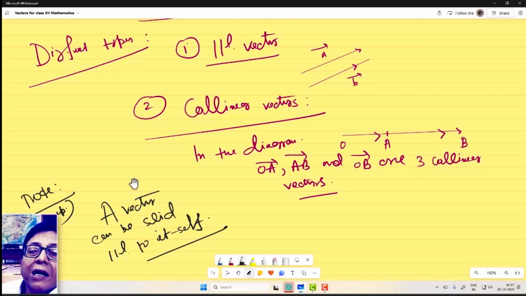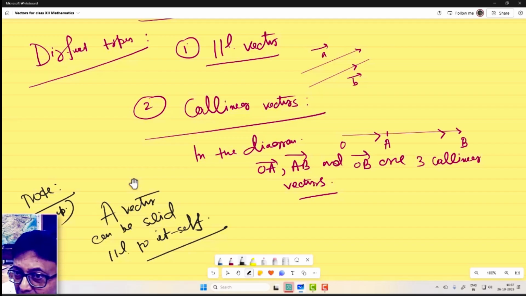If I say that they are collinear also, then also we are right. Why? Because this vector we can take onto the vector B, because they are parallel. We can slide the vector.